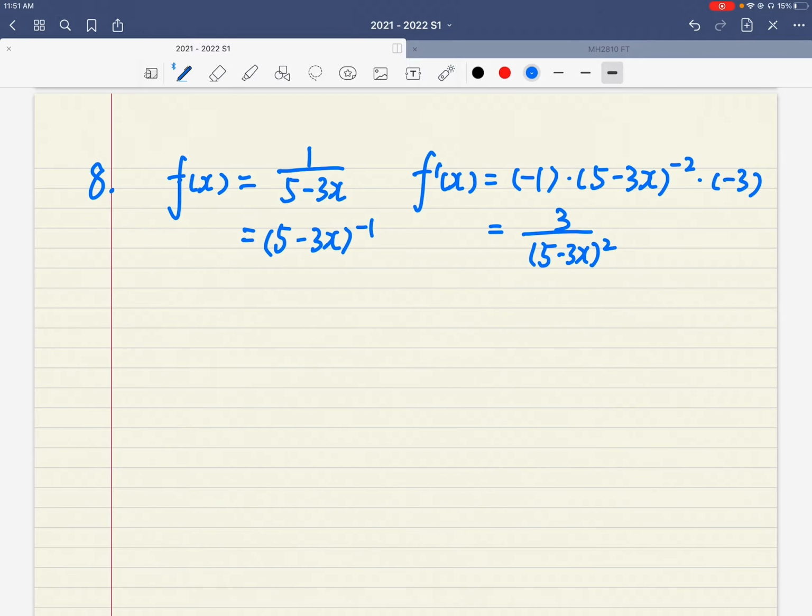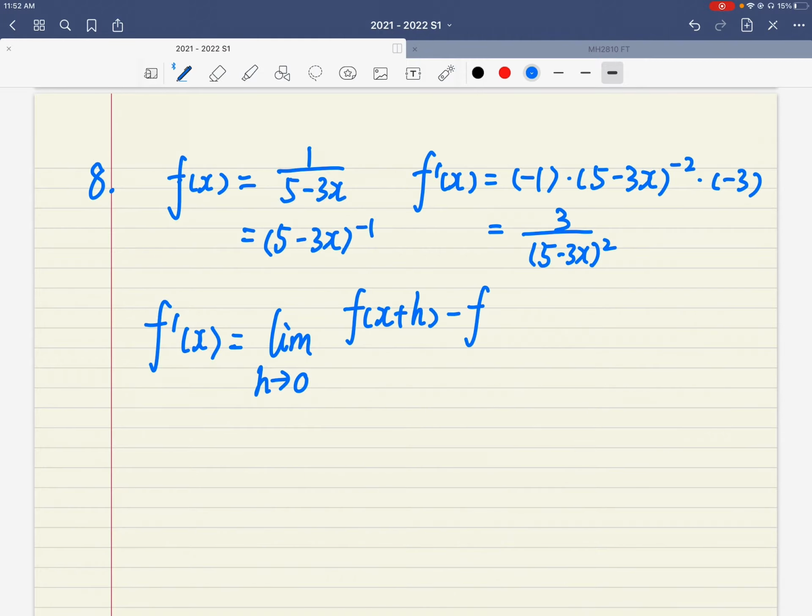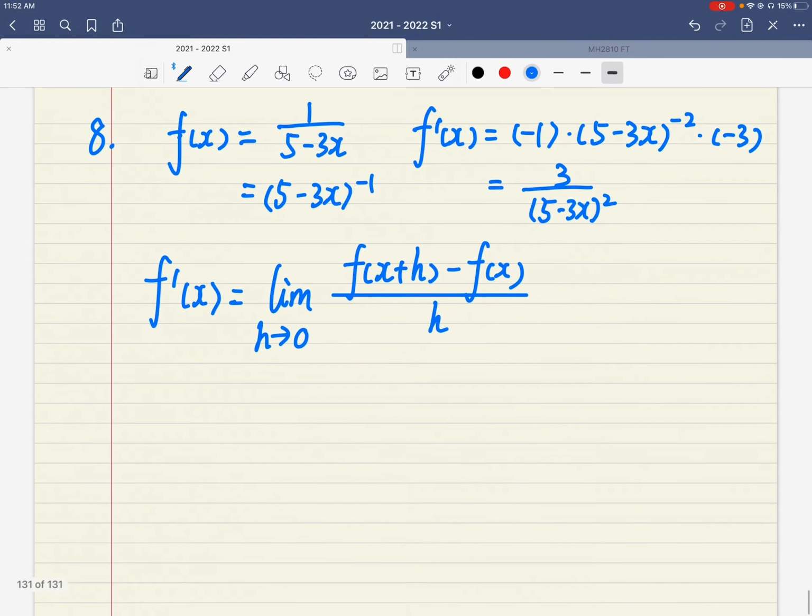Okay, then how do you use a definition to get the derivative? What's the definition of f prime x? Okay, it's going to be the limit as h approaches 0 of f(x plus h) minus f(x) over (x plus h) minus x, right, which is over h.